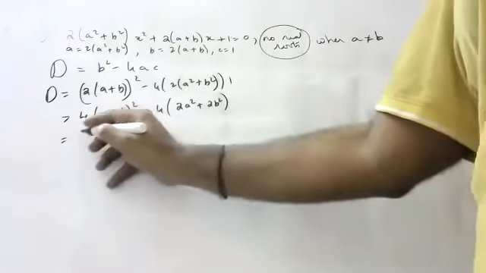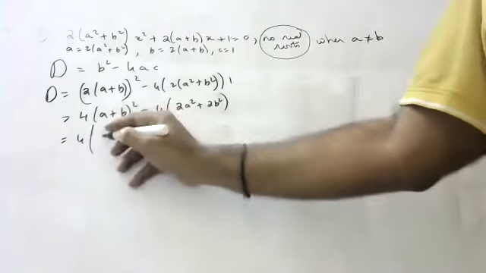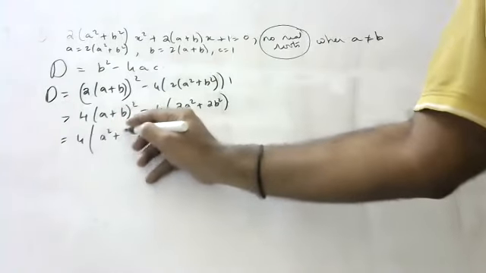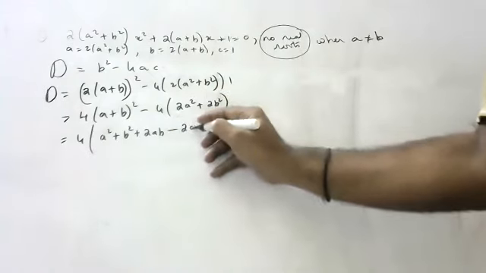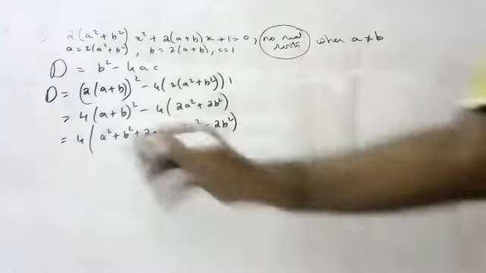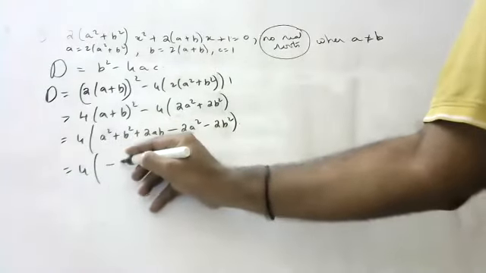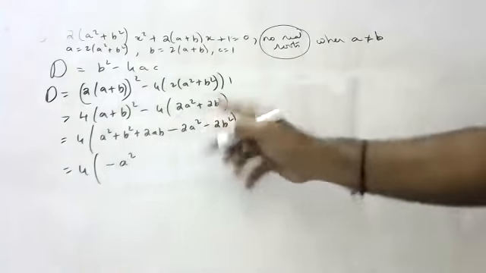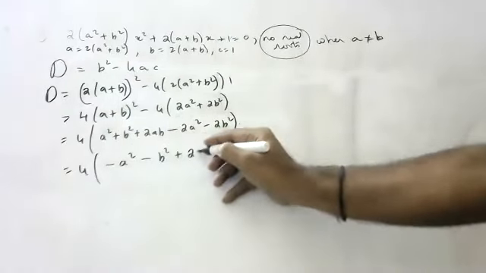We'll take 4 common now. So this is a² + b² + 2ab minus 2a² minus 2b². So 4 into a² minus 2a² is minus a², minus b², plus 2ab.